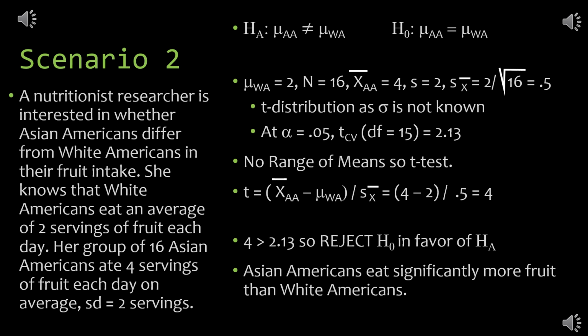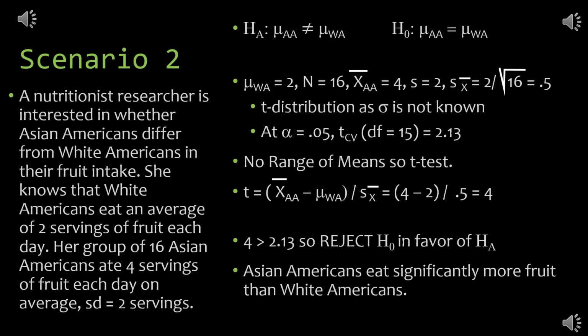Her group of 16 Asian Americans ate 4 servings of fruit each day on average, with a standard deviation of 2 servings. So she took a sample of 16 Asian Americans, N equals 16. She averaged their scores, and on average they ate 4 servings of fruit each day, so X bar equals 4, with a standard deviation for that sample of 2. So not sigma, but S is equal to 2.